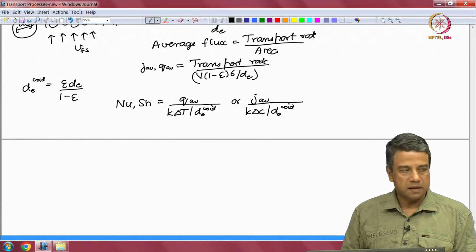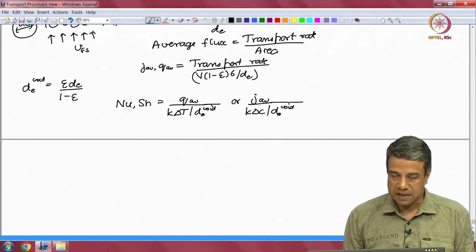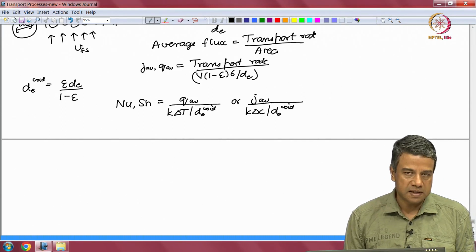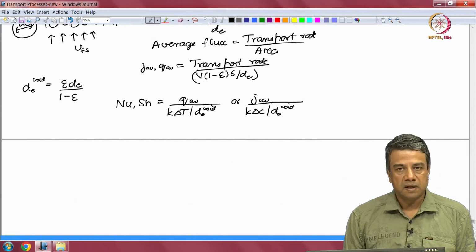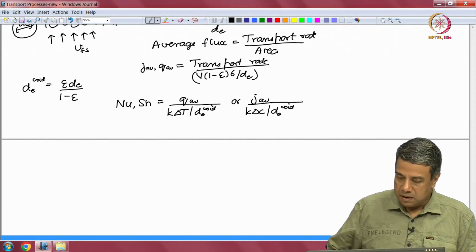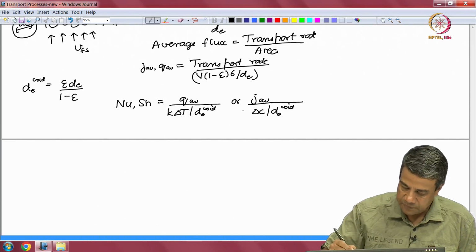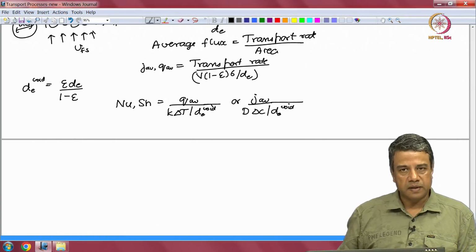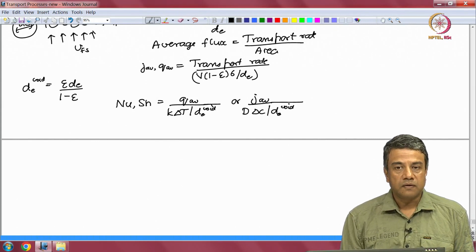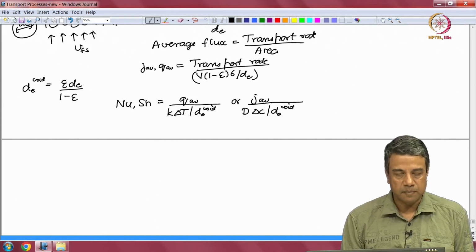Note that I had said that the Nusselt and Sherwood number are non-dimensionalized by quantities which have the same dimension as the terms on the right side of Fourier's and Fick's law. That is K delta T divided by length scale, or D delta C divided by length scale. For the flow through the voids, the length scale is the void equivalent diameter.